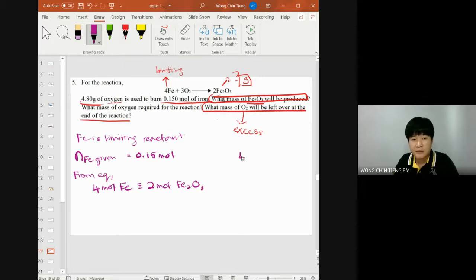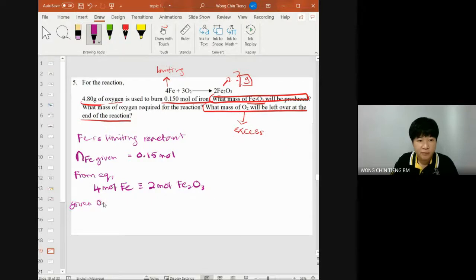Saya tak nak macam ini. Siapa yang dah buat, saya tak nak benda ni. Kena bagi tahu yang kamu compare mesti adalah dalam number of mole. The perkataan mole wajib. So right now I have given 0.15 mole of Fe.